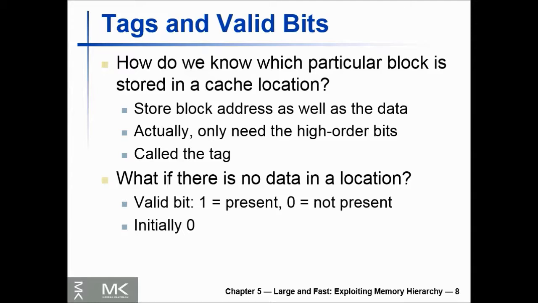Now check the tag field. If they match, the block is available in cache and it is a hit, otherwise it is a miss. Then the block containing the requested word must first be read from the main memory and placed into the cache. Once the block is identified, use the word field to fetch one of the 64 words.